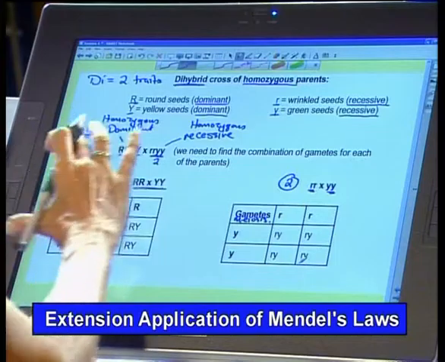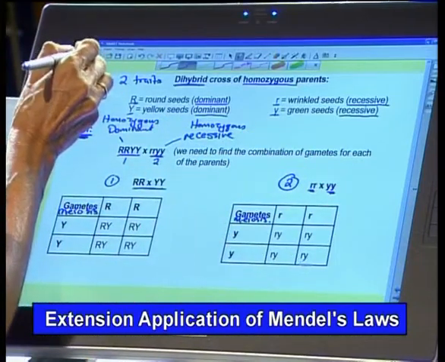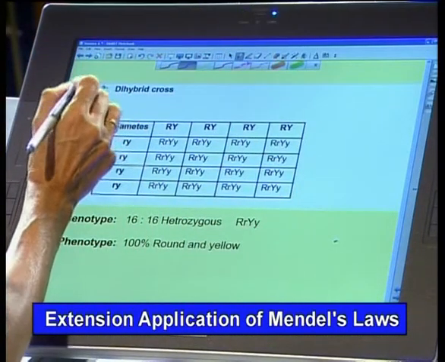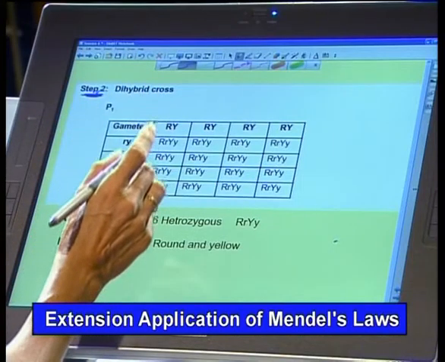Now, once we've got this, we now move on to the second step. This is step 2 of our dihybrid cross. If you just keep your wits about you, you must first find the gamete combinations. Now we've got them. Now we can move on to putting it into our Punnett square. People, 16 combinations.